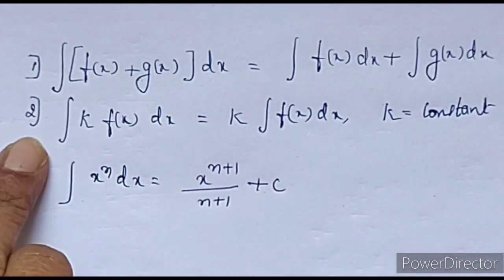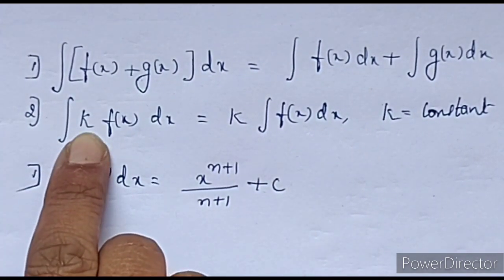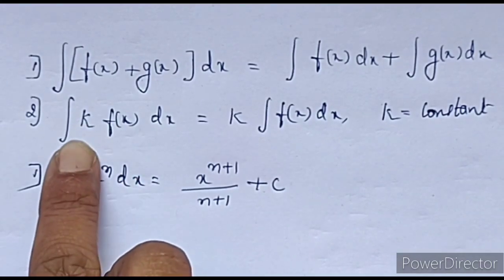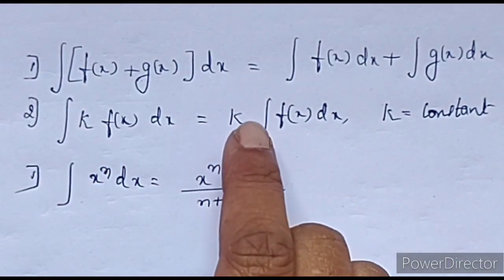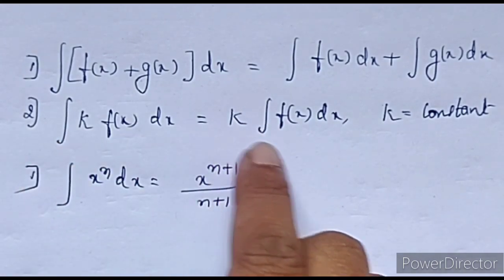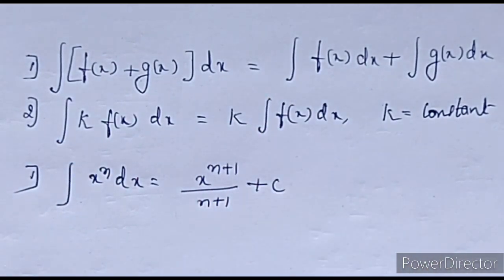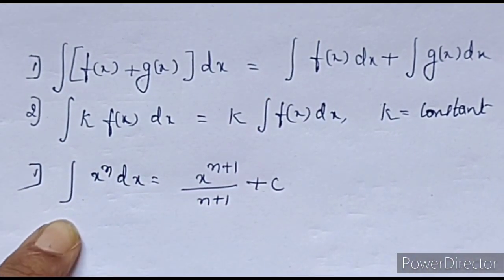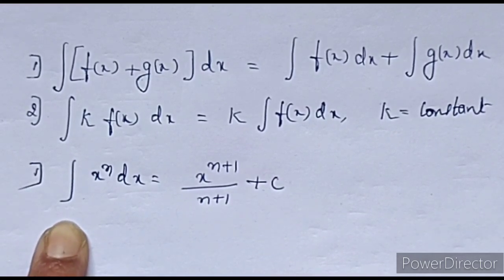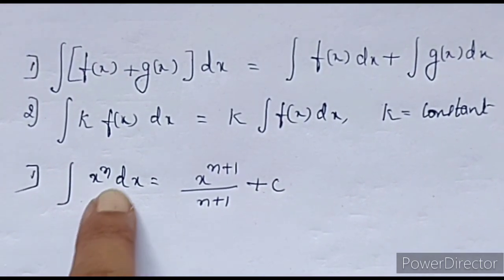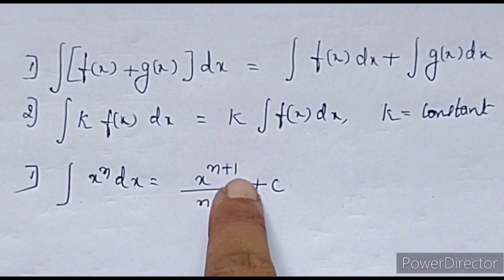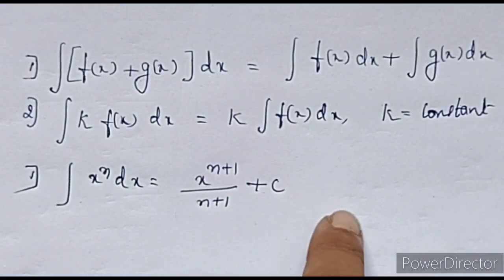Then the second property is integration of k into f of x, where k is a constant: a constant into a function is equal to the constant taken outside and you integrate the function. Then we use the standard formula for integrating that function, that is integration of x to the power of n is equal to x to the power of n plus 1 divided by n plus 1, plus the constant of integration c.